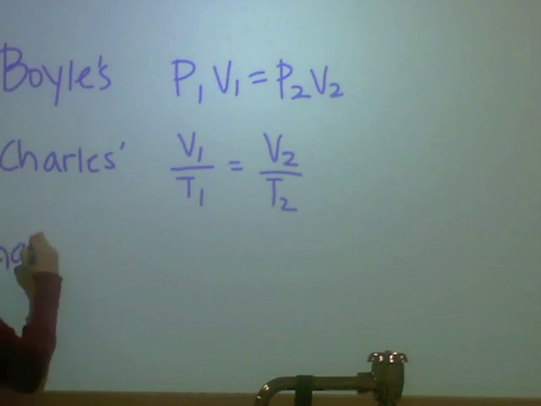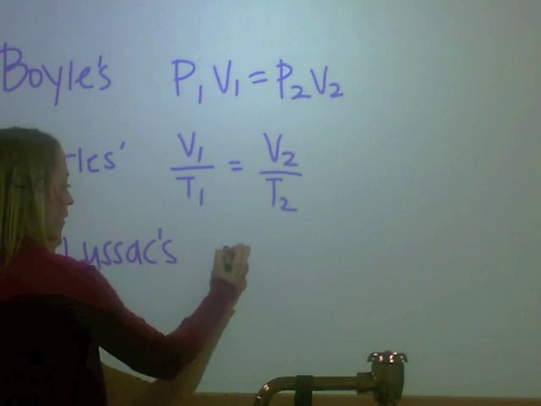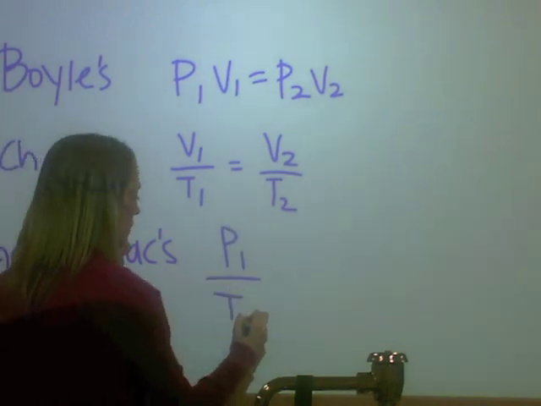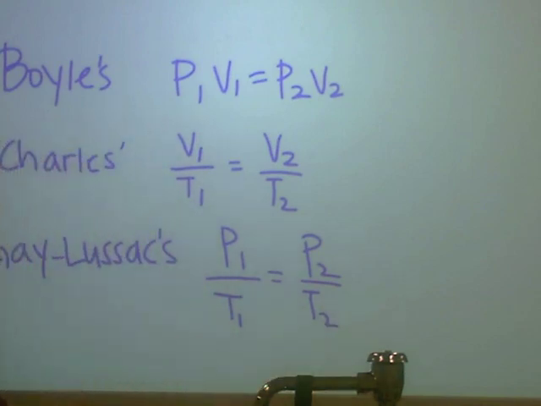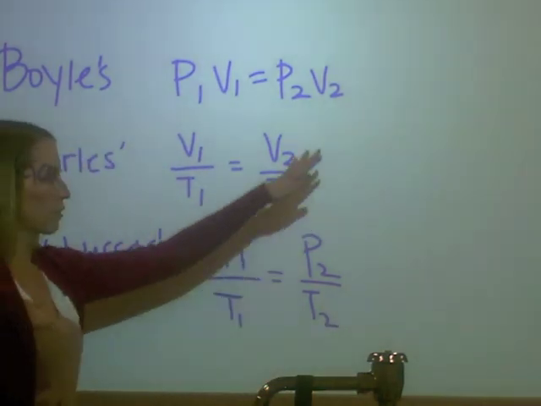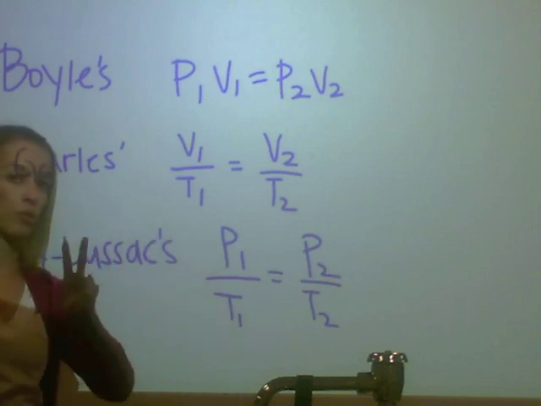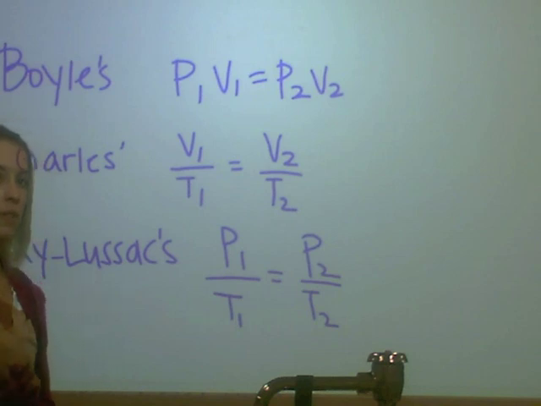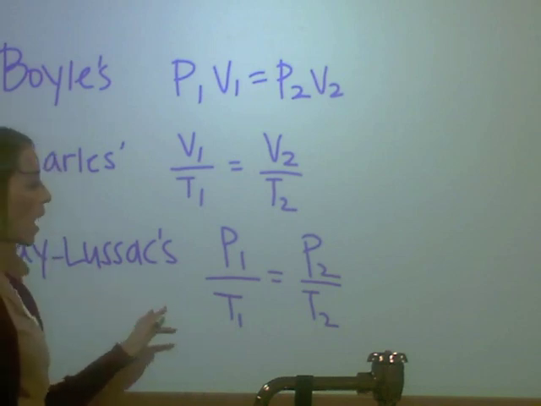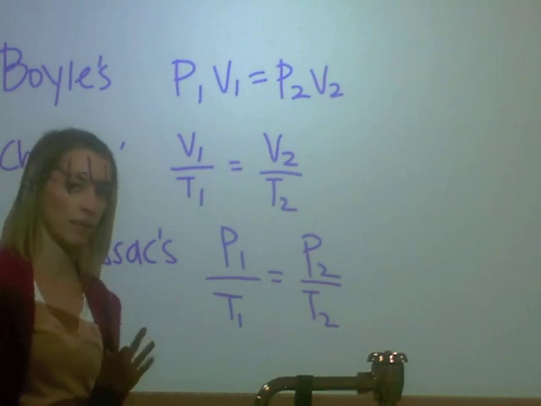And Gay-Lussac's law related pressure and temperature. These are the 3 types of specific two-variable equations. In our next unit, we're actually going to be taking all 3 of these and combining them into the combined gas law.